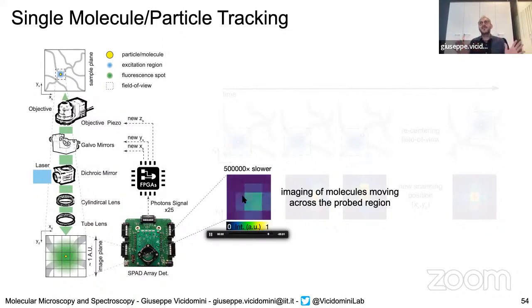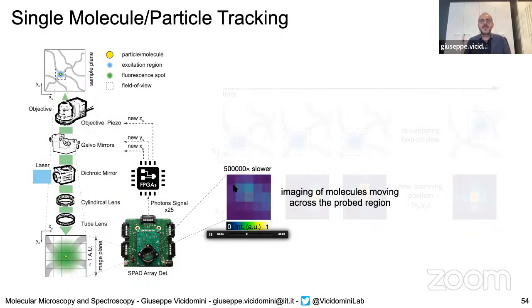That's the only temporal limitation of this camera. So if a particle or a molecule is inside my probed region, I can track it. I cannot track at any spatial temporal resolution, just as limited by the signal to noise ratio as any tracking technique, but there is no limitation from the detector.